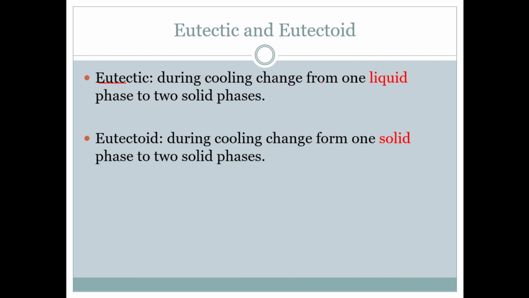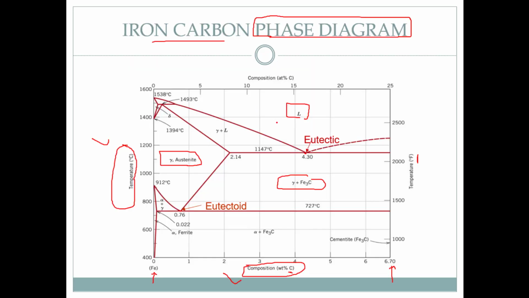Eutectic: during cooling it changes from one liquid phase to two solid phases. This is what makes this point special. We move from liquid, if we are going like this, if we are cooling down. Okay, so we are moving from a single phase to two phases, austenite and cementite.